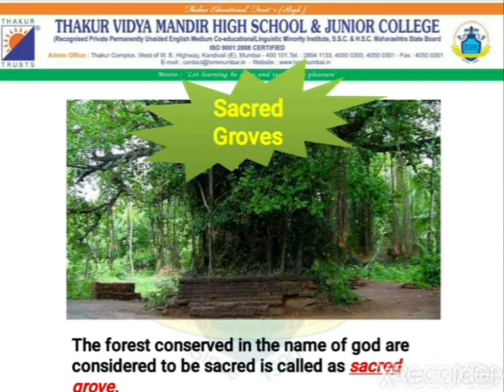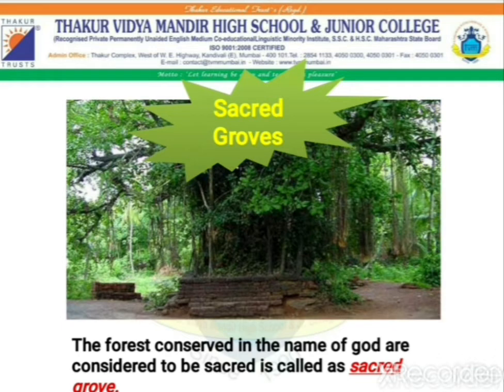As they have been conserved in the name of God, they have special protection. These clusters of thick forest are present not only in the Western Ghats of India but in the entire country. More than 13,000 sacred groves have been reported in India. So, that is about the sacred groves which are observed in different parts of our country.